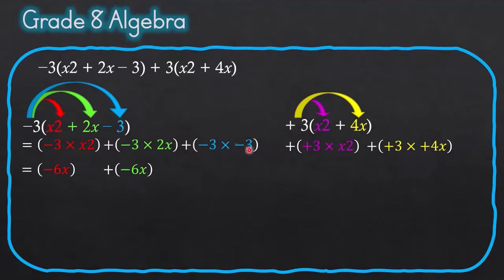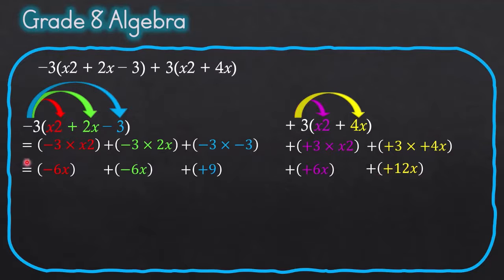Negative 3 times negative 3 is positive 9, so I'm adding a positive 9. Here there's positive 3 times x squared, which will give me a positive 6x. And positive 3 times 4, which will give me positive 12x.